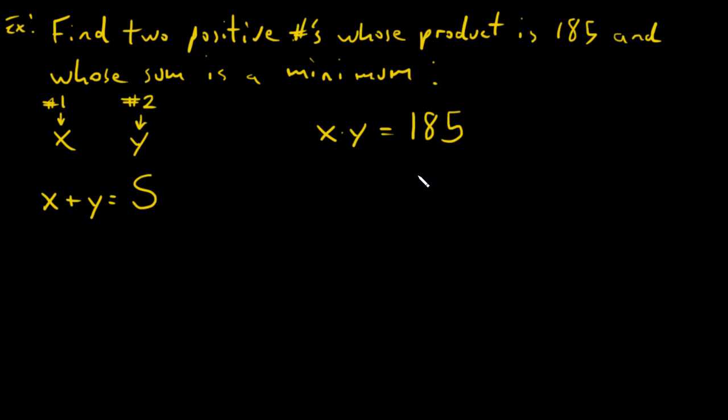Alrighty? Now, let's say I didn't have this over here, and I came up to you and said, I'm thinking of two positive numbers whose sum is a minimum. Can you tell me what those numbers are? Good luck. Because there is no solution to that you can actually quantify.